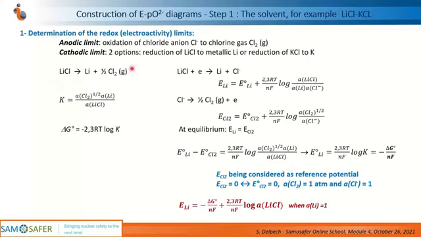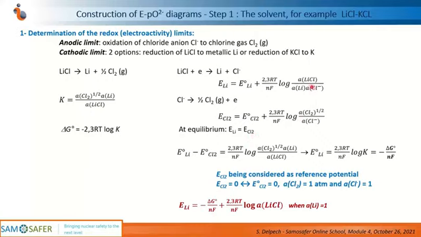From this reaction, we can calculate its equilibrium constant K, and K is calculated using the Gibbs energy by this relation. We can calculate delta G using the thermodynamic database of pure compounds. When we are at equilibrium, the two potentials are equal.